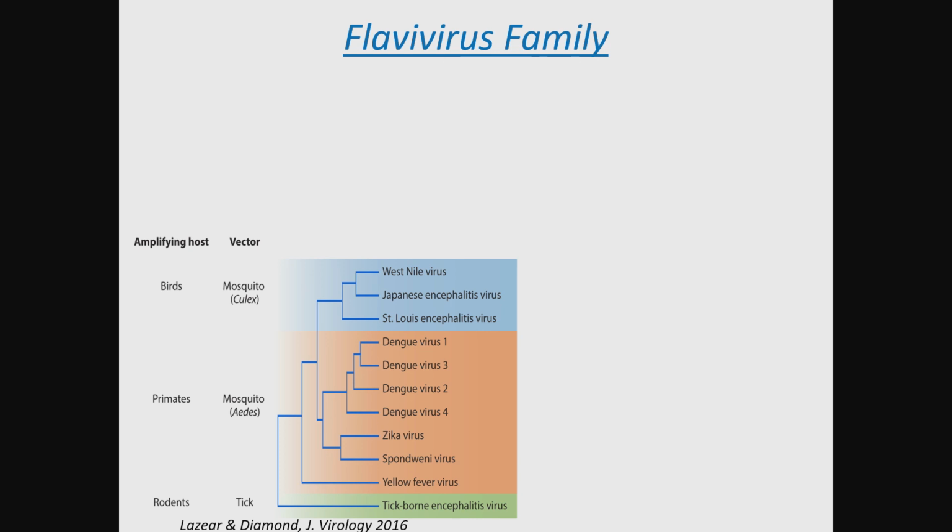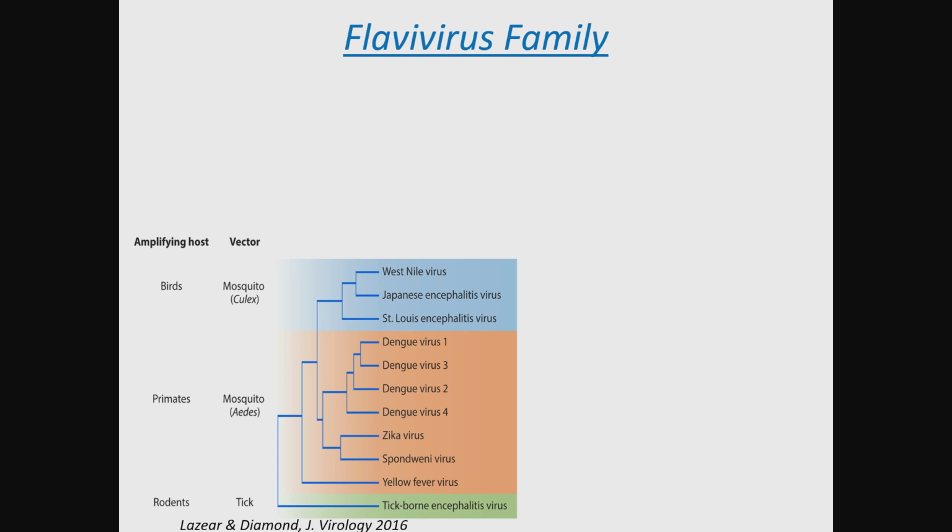To start with, I'm going to give a brief background of the Flavivirus family. This is a family of well-known viruses. For example, we've all heard of West Nile virus, yellow fever virus, and also dengue virus and Zika virus, which are the topics of today's conversation. These viruses are transmitted through the bite of a blood-feeding insect, mosquitoes or ticks.